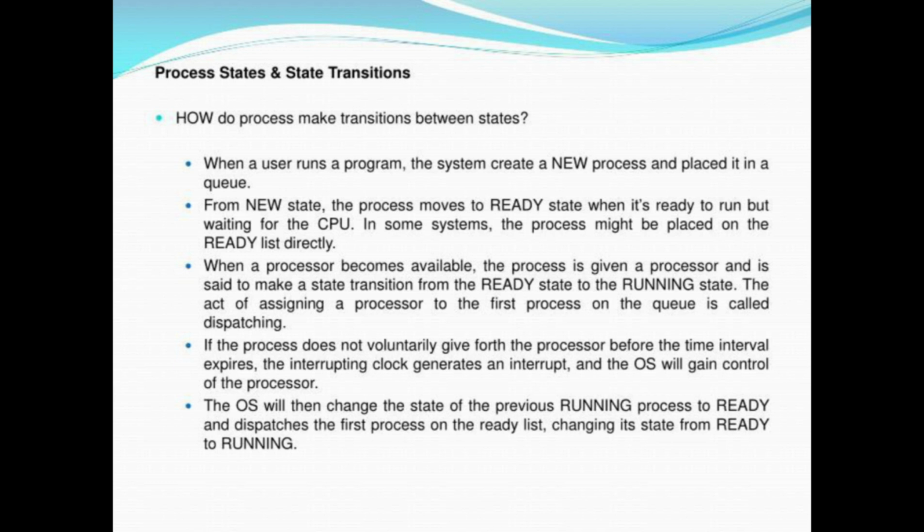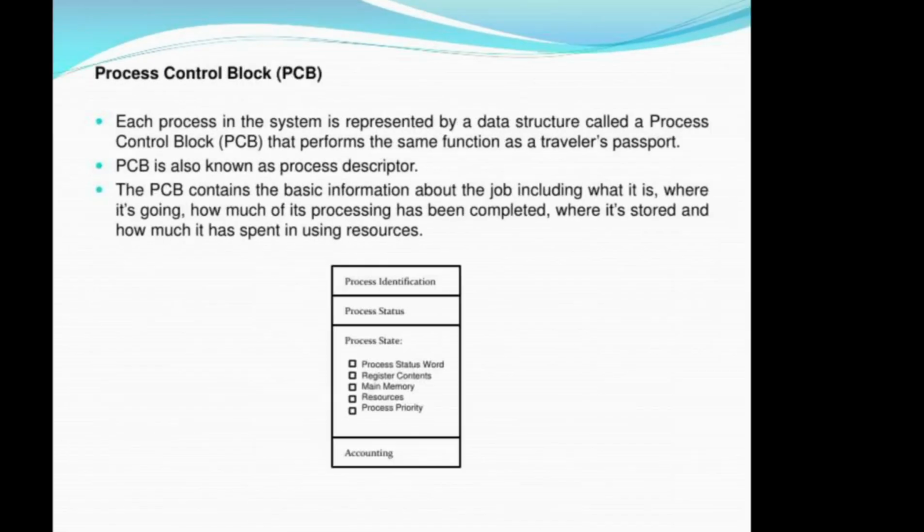If the process does not finish before the time interval expires, the interrupting clock generates an interrupt and the operating system will gain control of the processor. The operating system will then change the state of the previously running process to ready and dispatch the first process on the ready list, changing its state from ready to running.